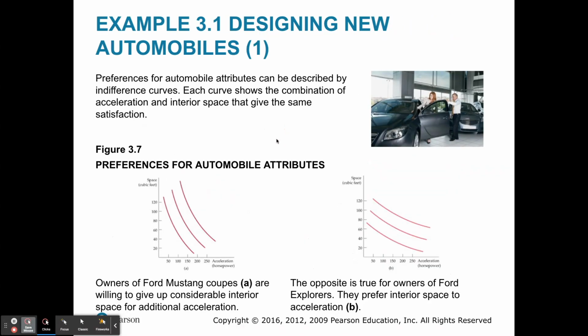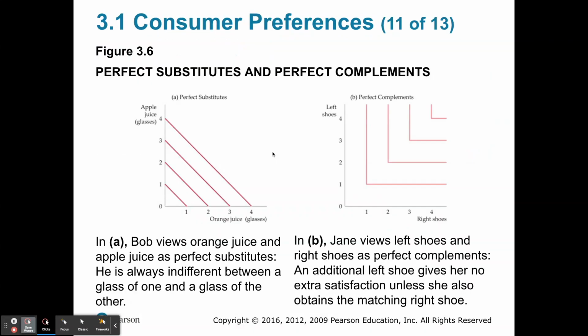What about a bad good? In the case of a bad good, let's say that X is the bad good, then you want less of it to be preferred.